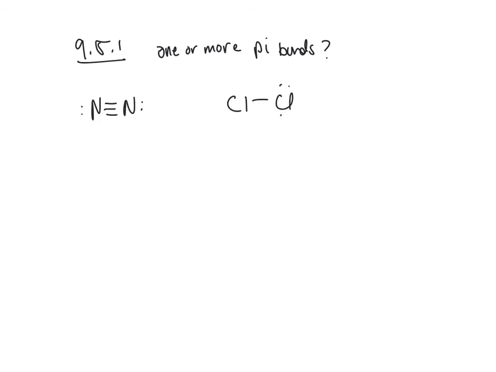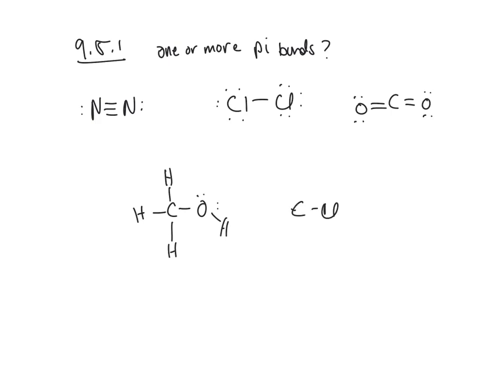Chlorine. So the way you want to always do these is to first draw a correct Lewis structure. And that's why we talked about that right off the bat, before even starting this chapter. That's methanol, and then carbon tetrachloride is this.